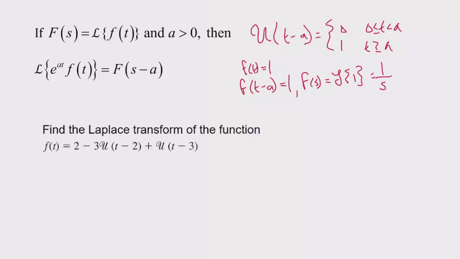So if I do the Laplace transform of the unit step function of t minus a, then remember that Laplace of t minus a piece, that a is just a transformation in terms of e. So that would give me e to the negative as over s.